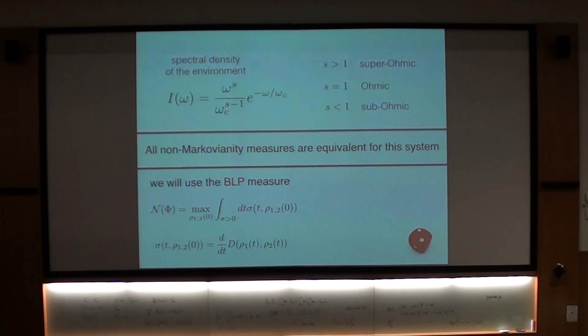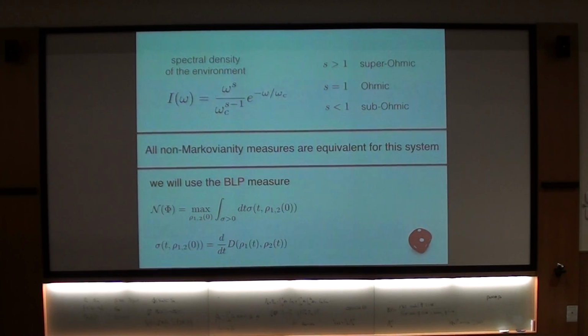What we do is use the trace distance measure, which is defined in the following way. We have the derivative of the trace distance in time, called the information flow. As I was mentioning before, the measure of non-Markovianity must be obtained by optimizing over all possible pairs of initial states.